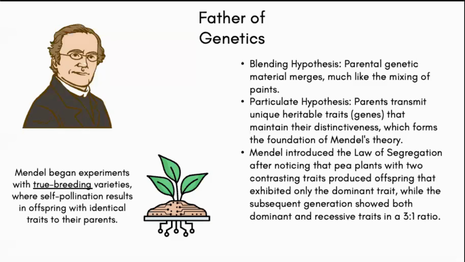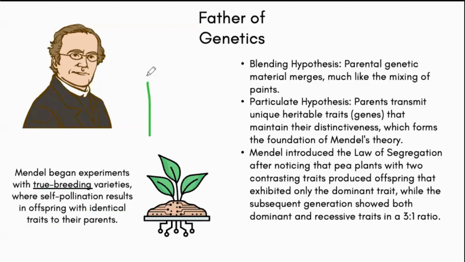So let's go back to Gregor Mendel and his pea plant experiments. What he did was he was trying to true breed, which means that when he was pollinating these plants, he was looking at the parent plants that have identical traits.